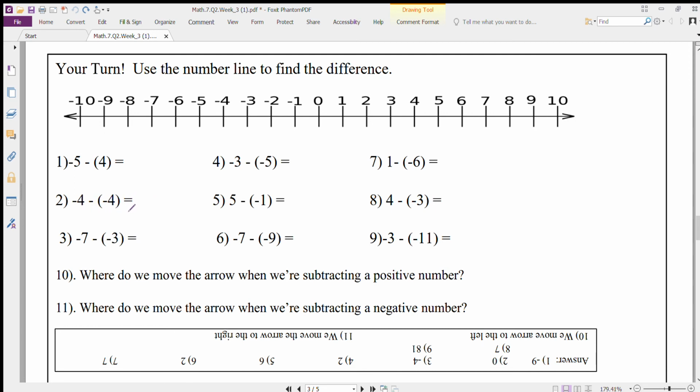Negative 4 minus negative 4. So we have negative 4 plus 4, which is, hopefully you guys tried doing this, 0. Okay? Hopefully you guys tried doing 1 to 9 on your own and the answer is already here. Just flip the papers, try it on your own, see how well you're doing. You guys don't need to do 10 and 11.